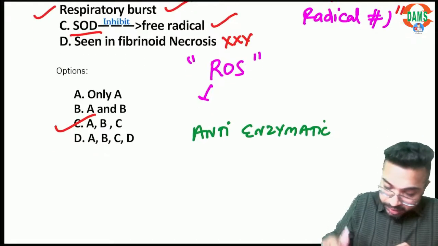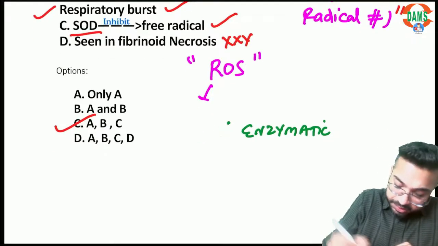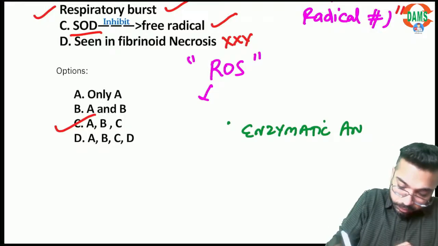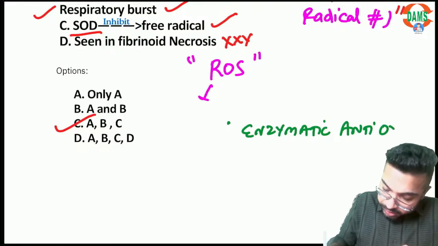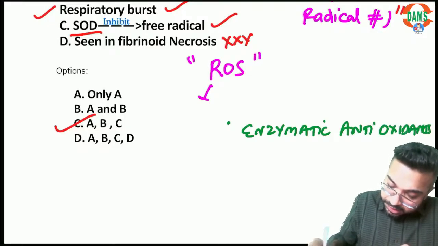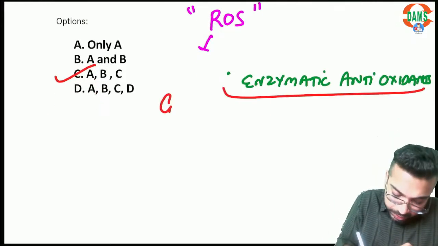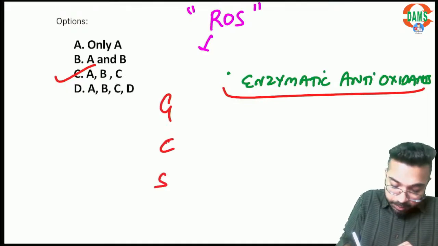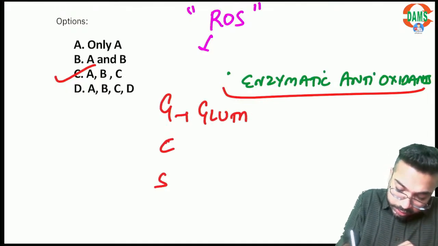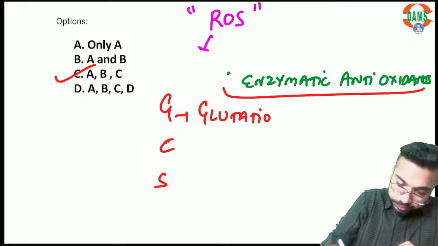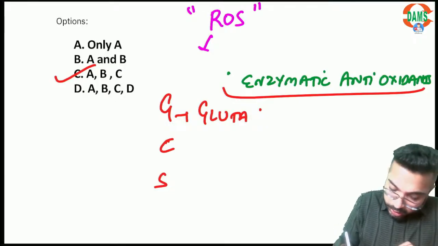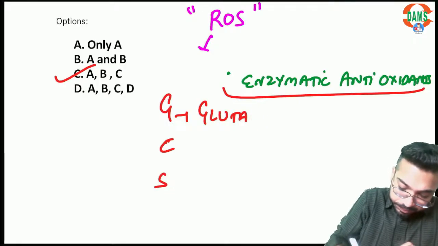Enzymatic antioxidants. There were three enzymatic antioxidants, and we studied them with the mnemonic GCS. Come on, G for glutathione peroxidase. Glutathione peroxidase.